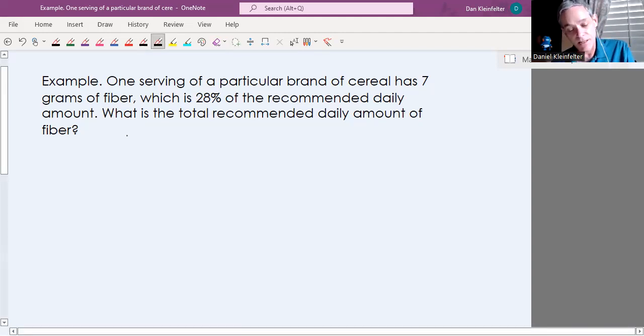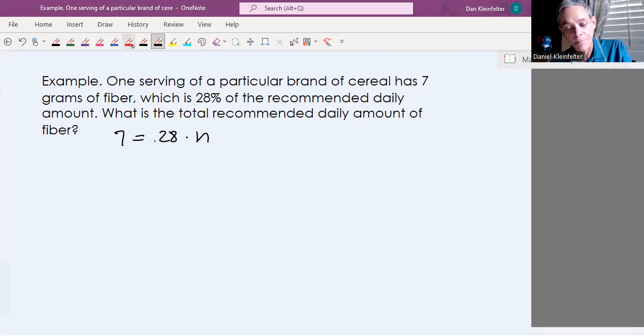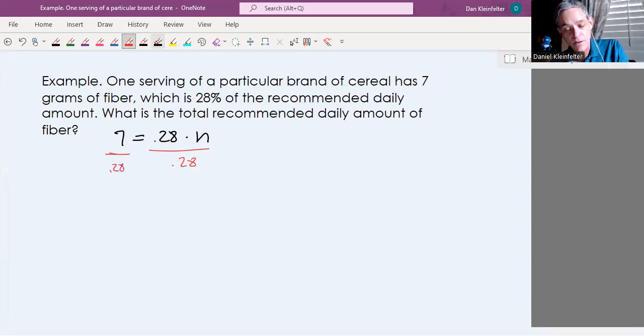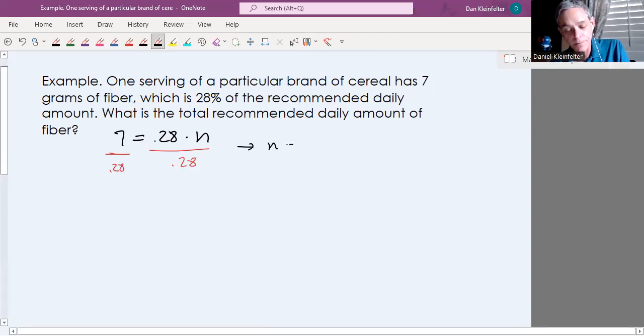So translating this, the 7 is 28% of the whole amount. The 7 grams of fiber in one serving is, that's our equal sign, 28% of the entire amount. Okay, so then once again, we will divide by 0.28, and that will make it so that our n is isolated.